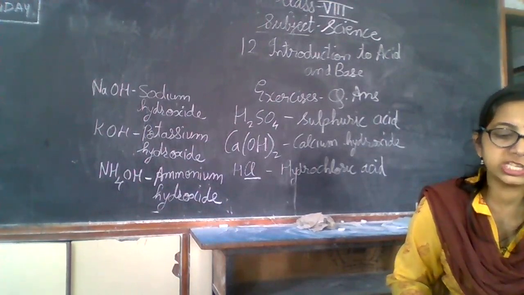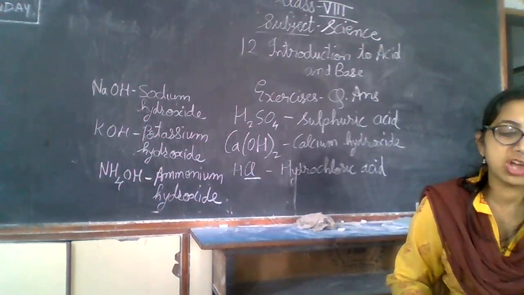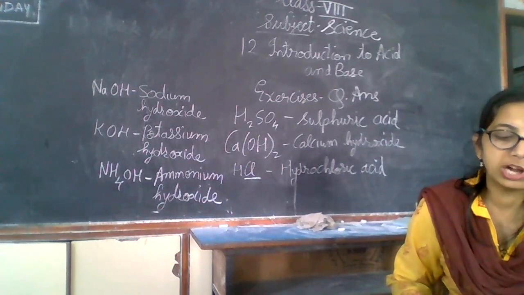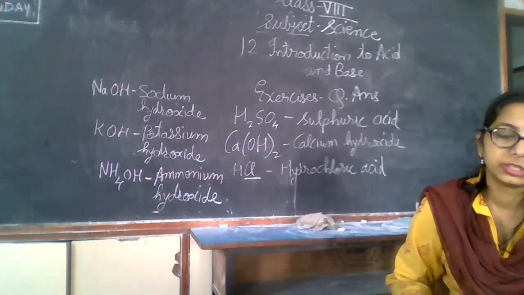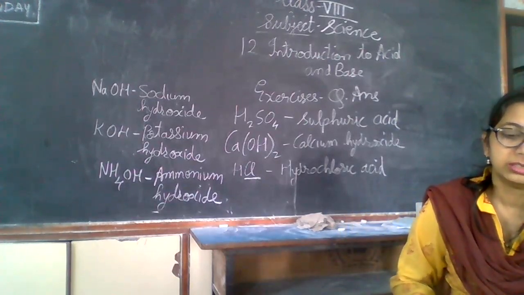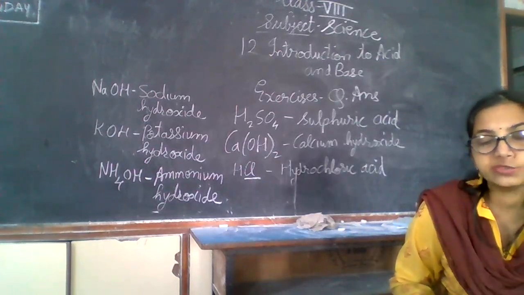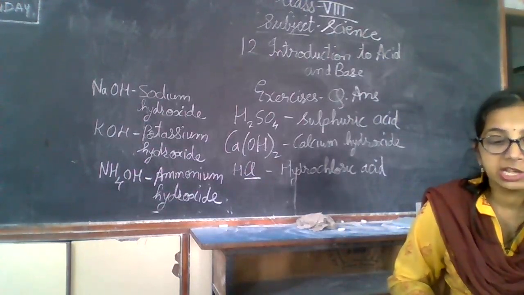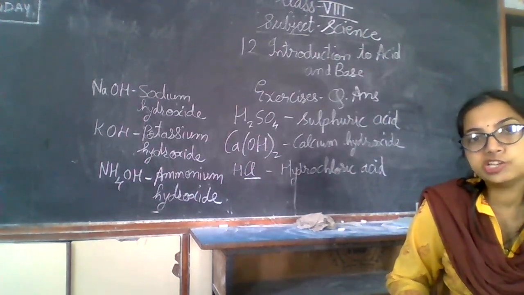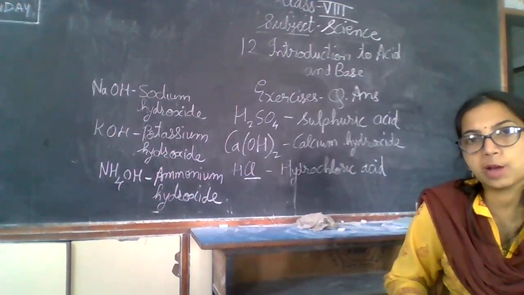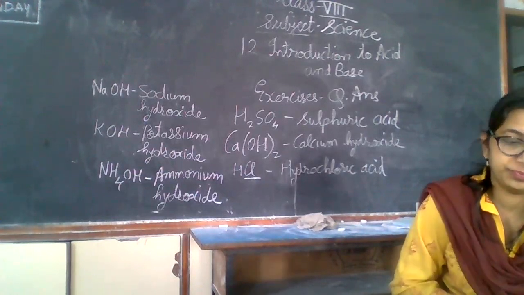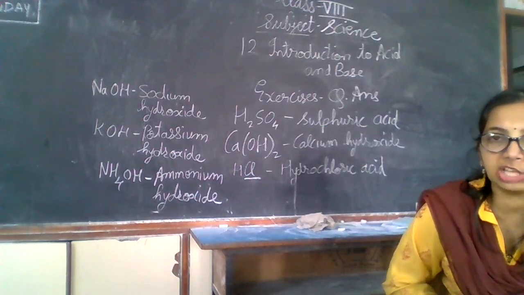Next question: by squeezing lemon on a piece of rock, the gas liberated turns lime water milky. When lemon was squeezed on any rock, a certain gas was released. That gas, when added to lime water, that is calcium hydroxide, chune ka pani, what happened? From clear, it became milky. Which compound is present in the rock?